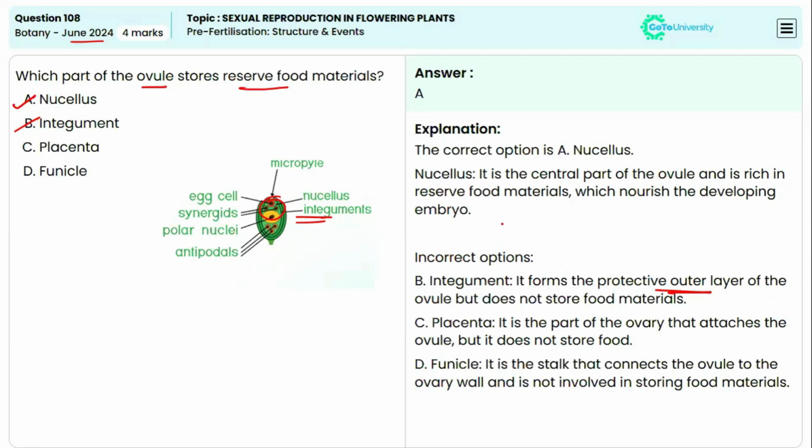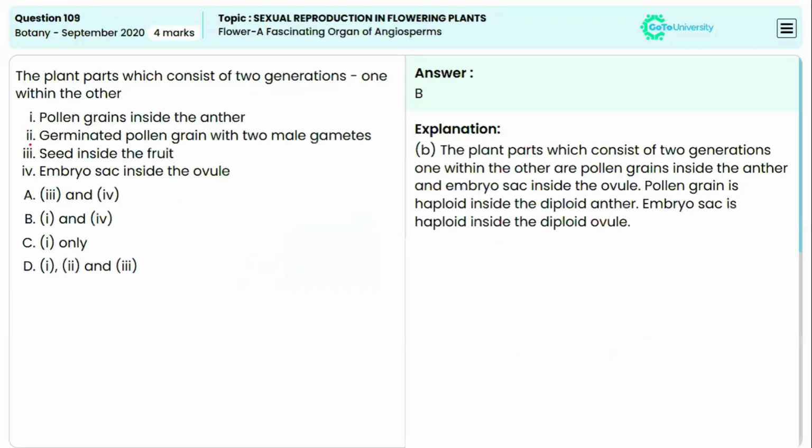Coming to placenta, it is the part of the ovary that attaches the ovule, but it does not store food. Coming to option D, that is funicle. As we discussed, it is a stalk that connects the ovule to the ovary wall, and it is not involved in storing food material. So options B, C, and D are incorrect. The correct answer is option A.